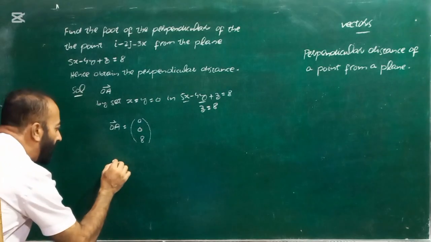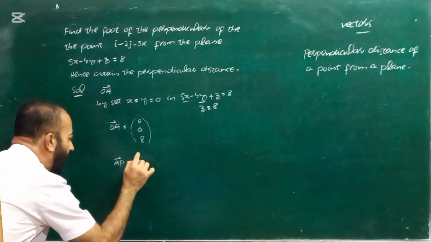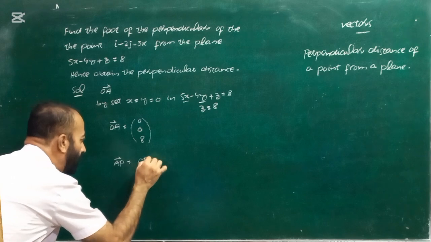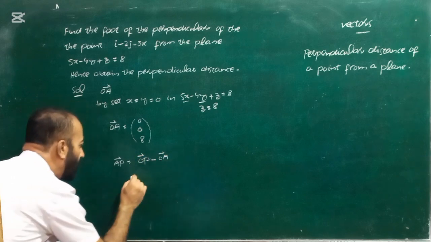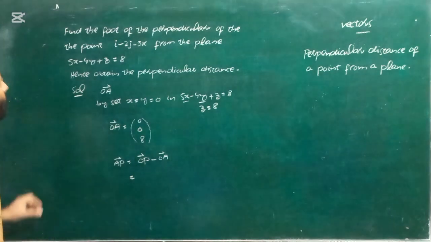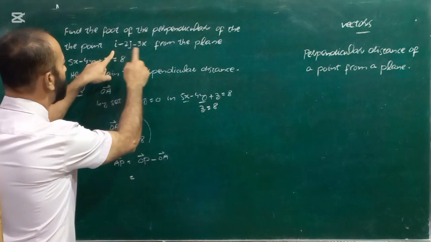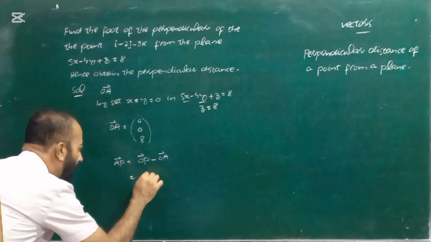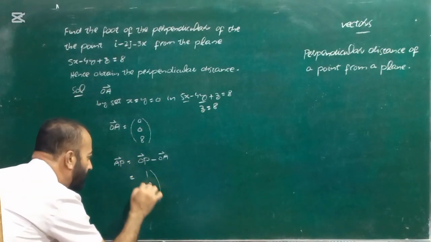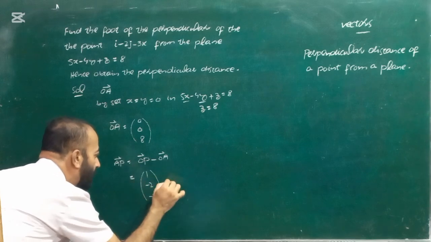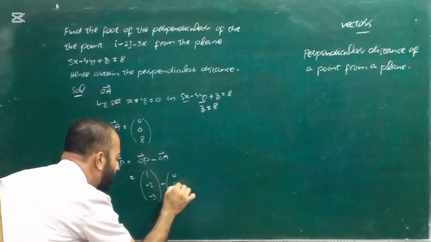So the next thing that we will find is AP vector, that is obtained by OP minus OA. So look now, OP is the position vector of the point, that is 1, minus 2, minus 3, and minus OA is 0, 0, 8.